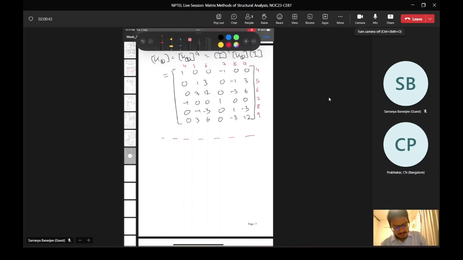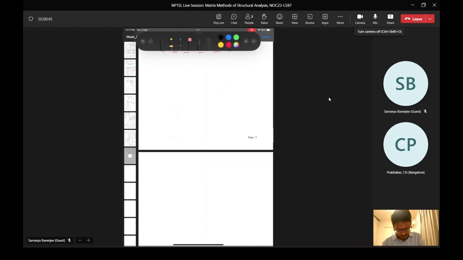So now let's move on to the global stiffness matrix, the most important. I would like you to solve it now and then give me the answers, or we can solve it together in class, no problem.